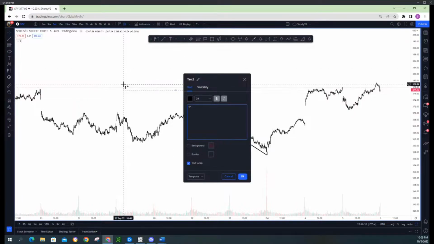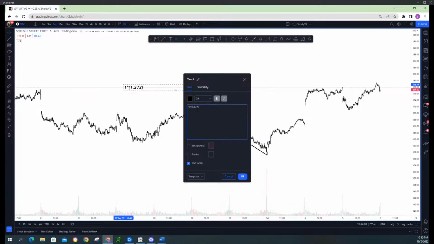1.272. So would it be like this? Is that correct? Yes. So you would multiply it by 1.272, because that would be 127.2% of the move.